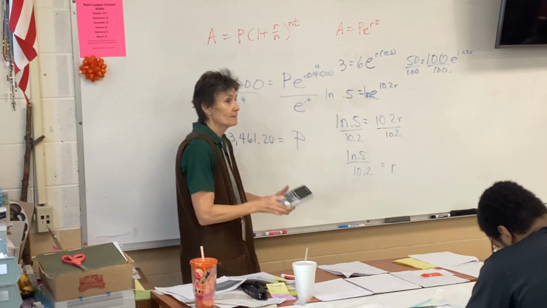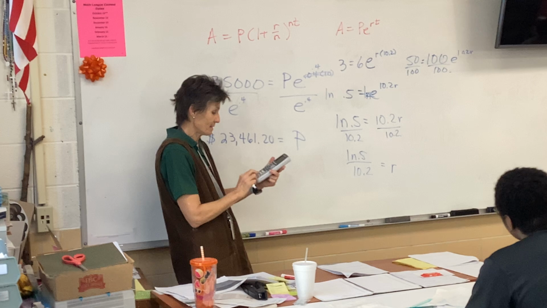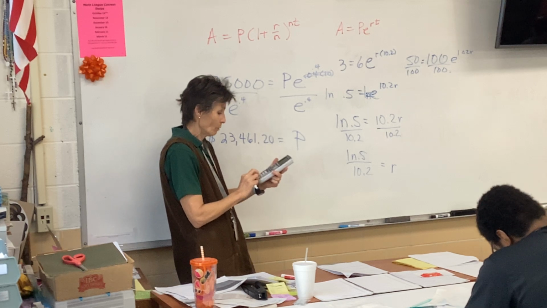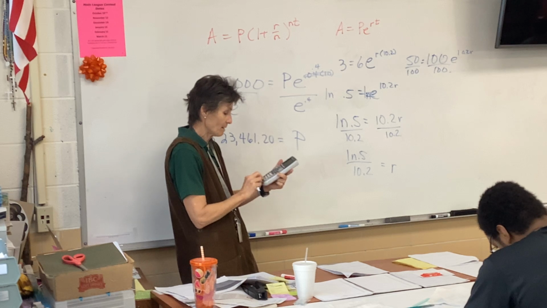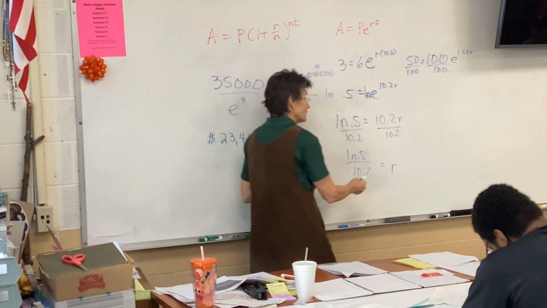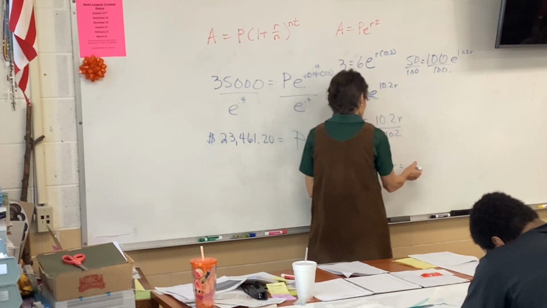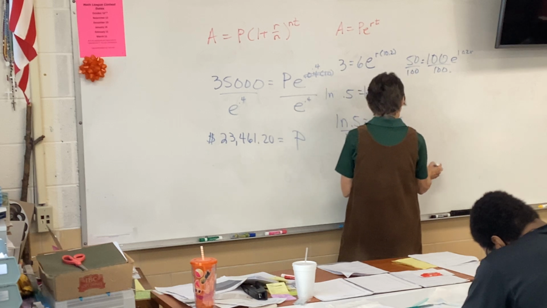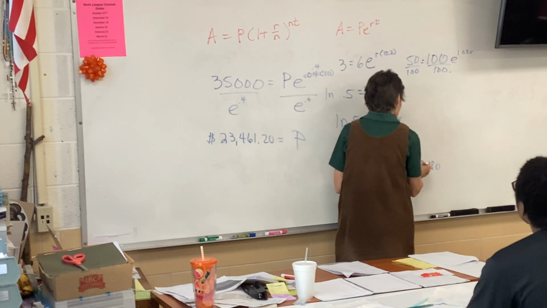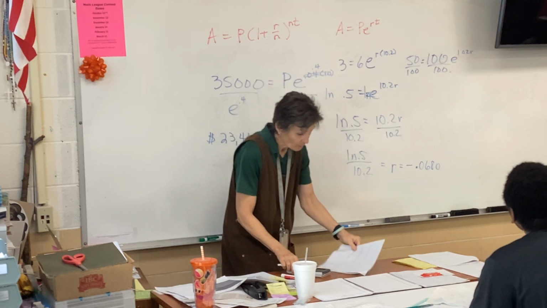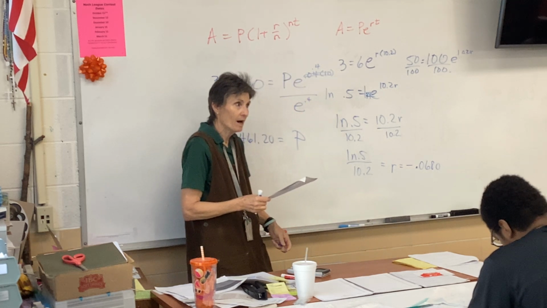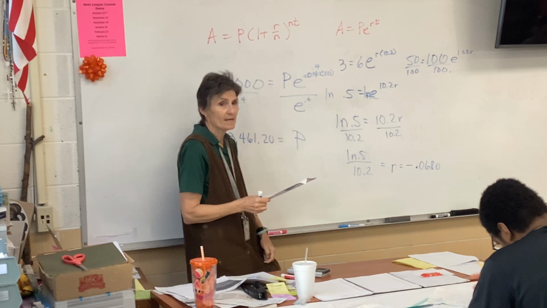Now, something's going to happen here when you type this in. So ln 0.5, close parentheses, divided by 10.2. What happened? You got a negative. So in other words, your decay constant is a negative number.